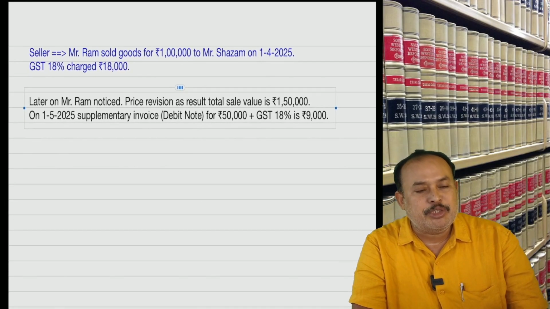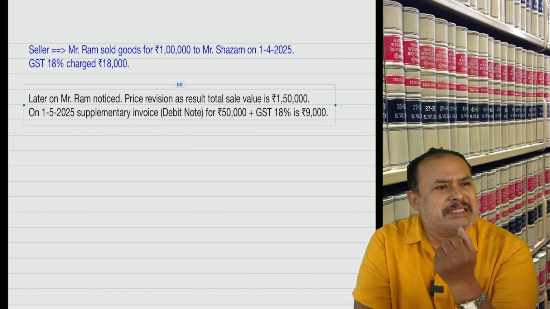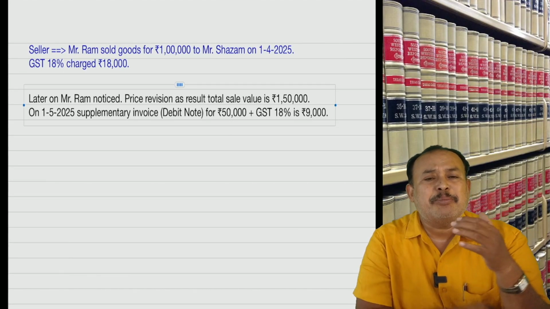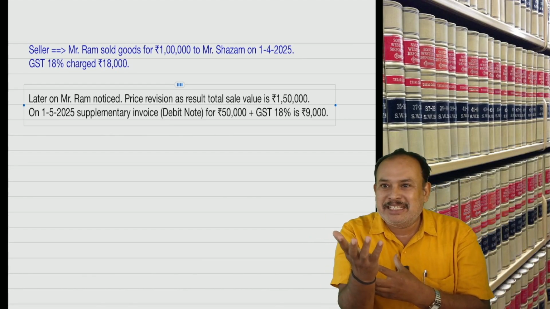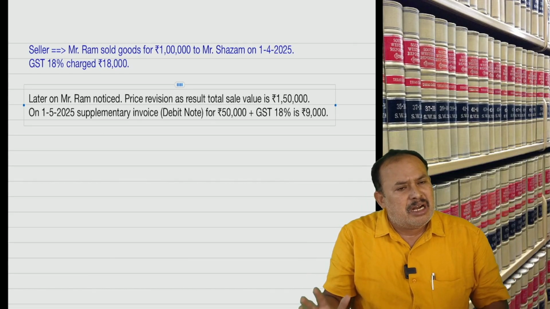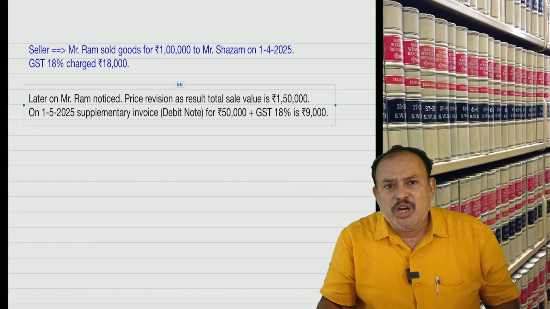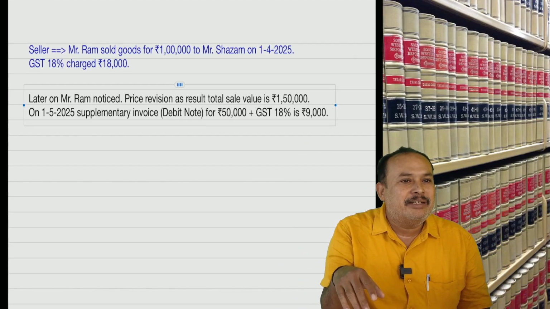Now the point comes into the picture. Ram is a good person. Whatever the price revision, he noticed within 1 month. If the price revision was not noticed at all during the financial year 25-26, you get my point?